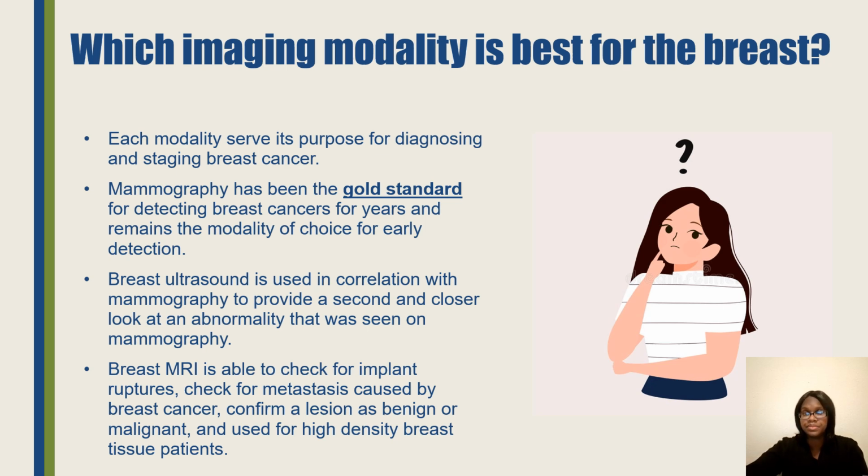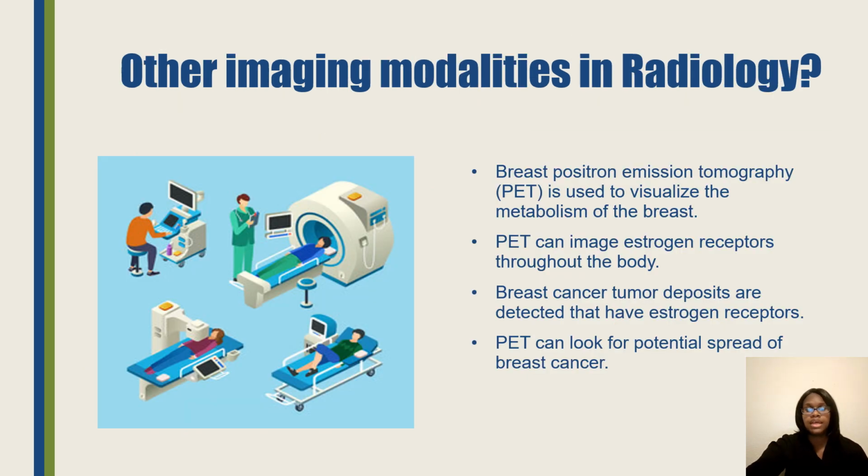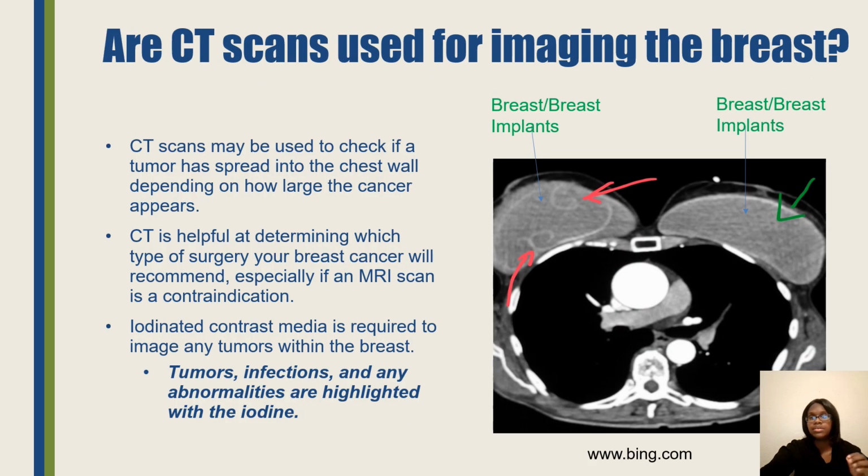Other imaging modalities used in radiology, you have PET scan, which is going to check for a potential spread of cancer, whether it's breast cancer, cancer from liver, pancreas, brain cancer. This is how a breast will look on CT images.